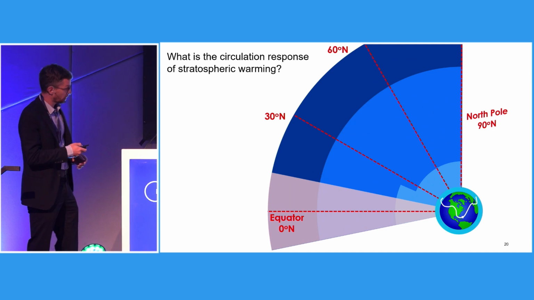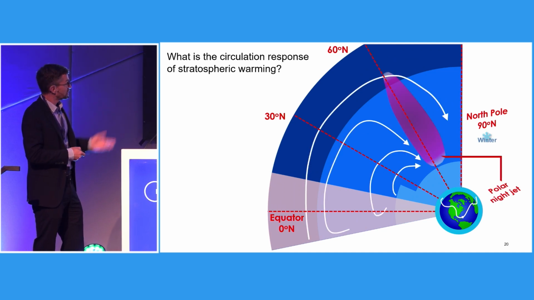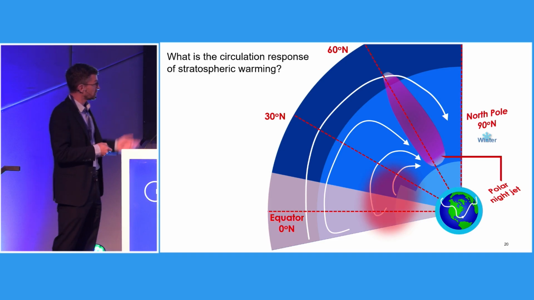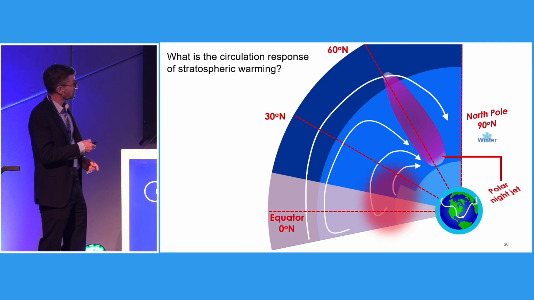Let's have a closer look. We again have the polar jet here, and if you warm the tropical stratosphere, you increase the temperature gradient between the polar region and the equator. This strengthens the polar jet, and it also moves it northwards.